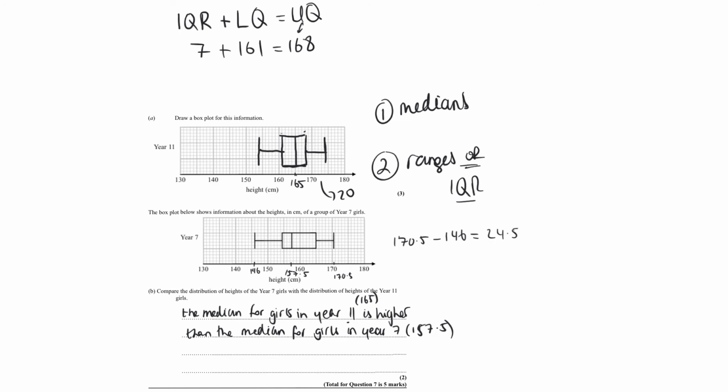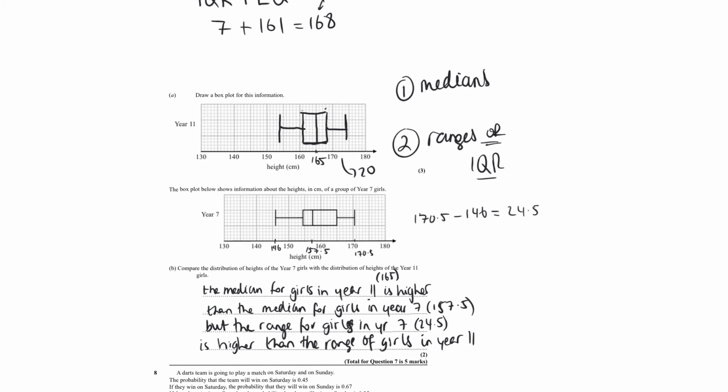So I can see that the range for girls in year 7, 24.5, is higher than the range of girls in year 11. Okay, and that's it. That's it to get your 2 marks. So compare those two things.